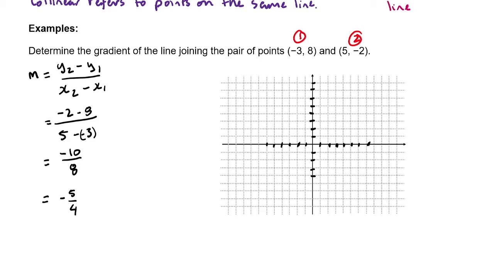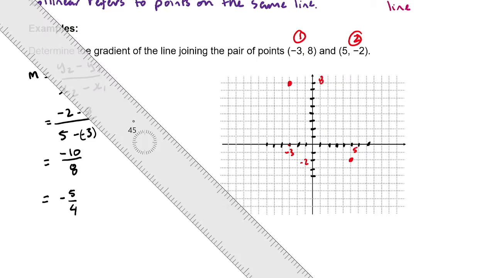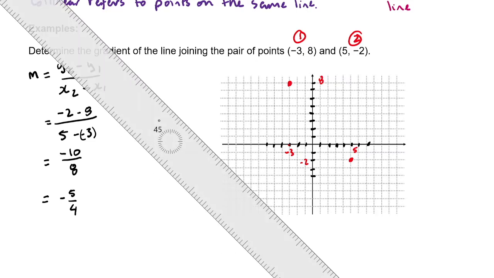Just put in the ones that you need. My first point is -3, 8, so I come across to -3 and go up to 8. So there's my first point. My next point is 5, -2, so I come across to 5 and down to -2. And between those two dots, I can draw in a line.